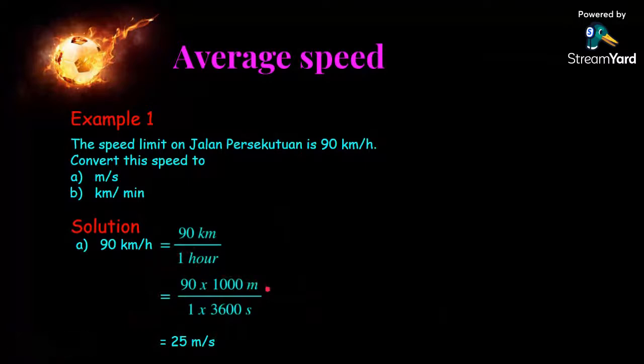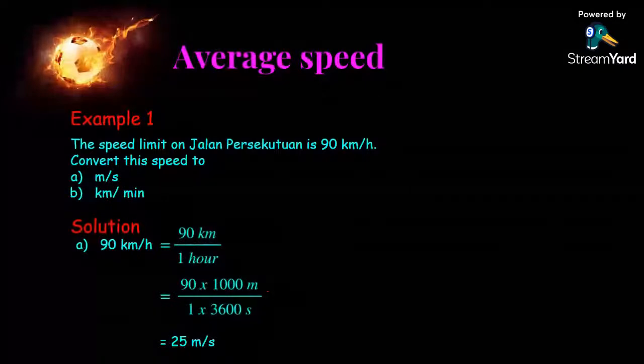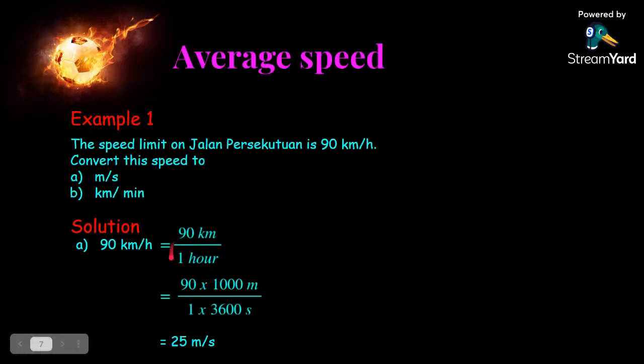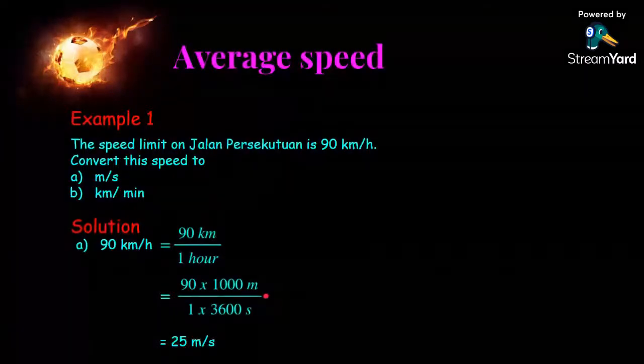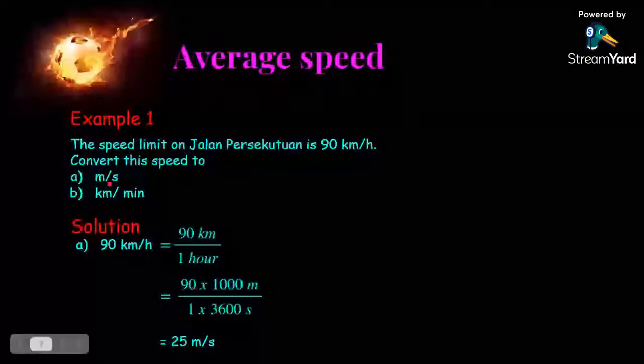It is easier when you want to convert from one unit to another: convert 90 km per hour into a fraction. So I write 90 km per 1 hour, then 90 times 1000 meter, because 1 kilometer is 1000 meter. Then divide by 1 hour, but you want the answer in seconds.